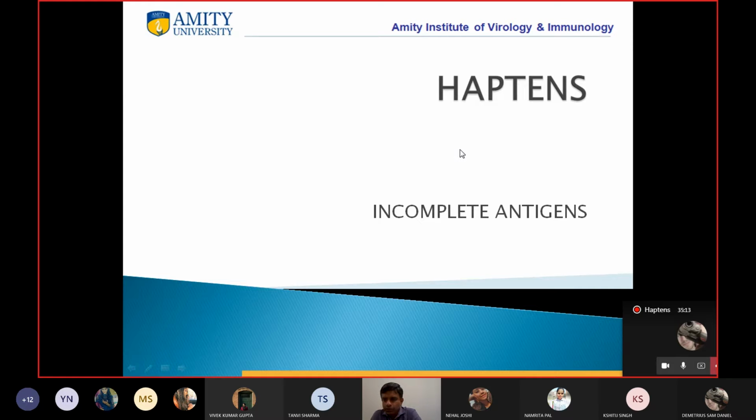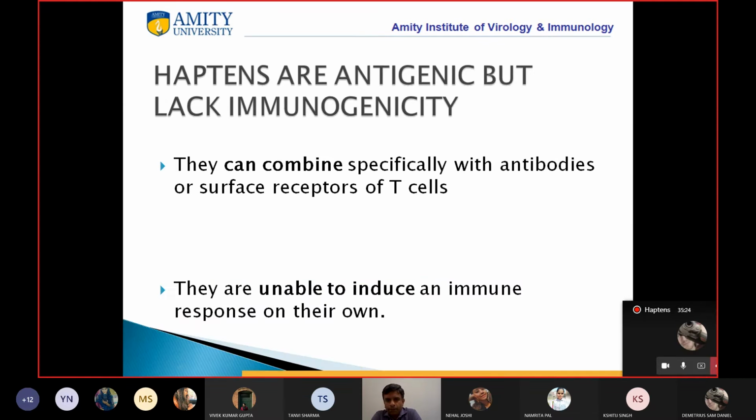When we talk about haptens, we also call them incomplete antigens, right? So let's see why they are incomplete antigens. Haptens are antigenic, but they lack immunogenicity. So I hope you can understand this.